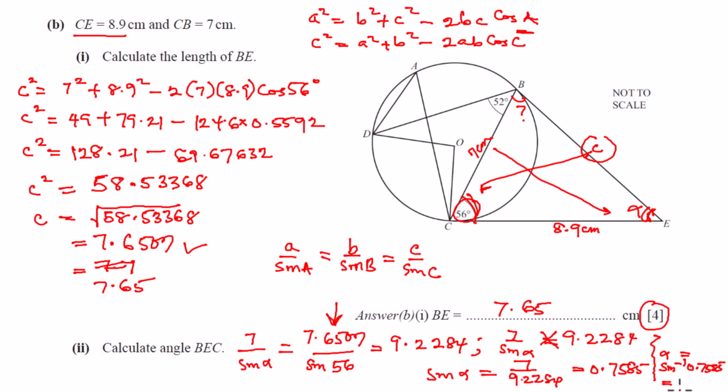And on my calculator, sine inverse of 0.7585 gives me 49.3321, but to one decimal place, that's 49.3 degrees.